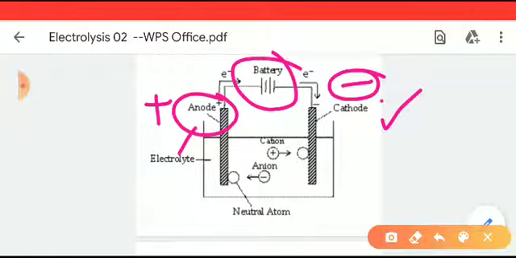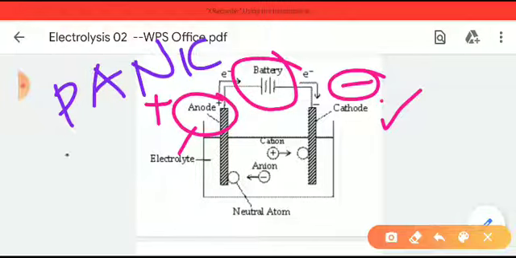We have earlier discussed a trick by which you can easily remember this. The trick is PANIC. Don't panic to remember this.